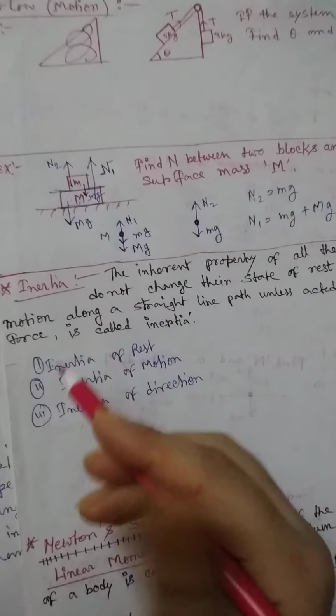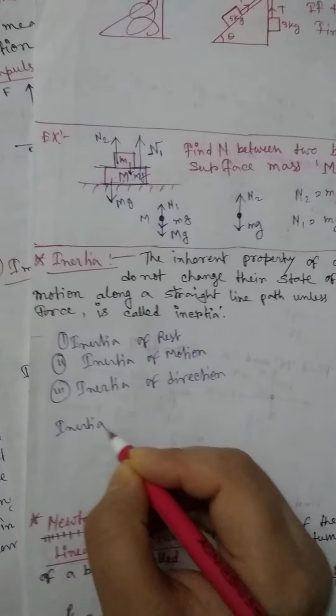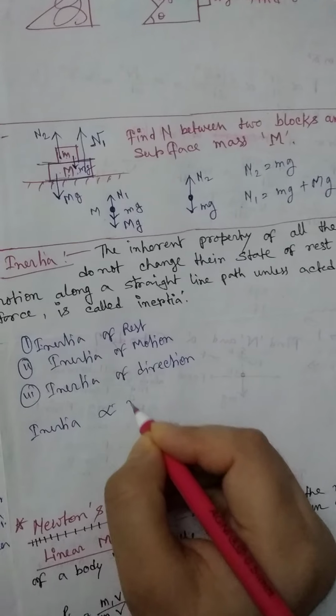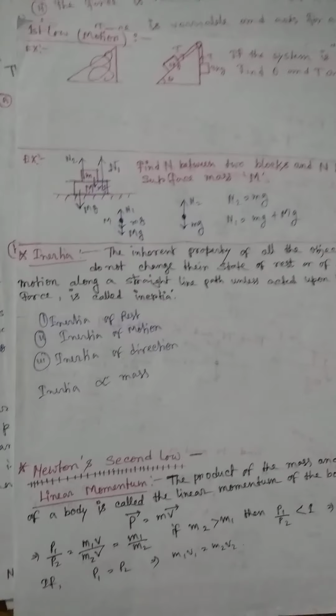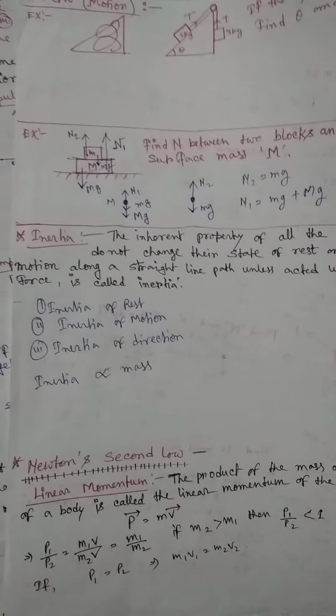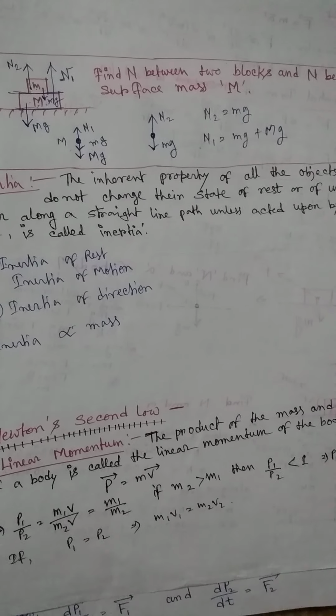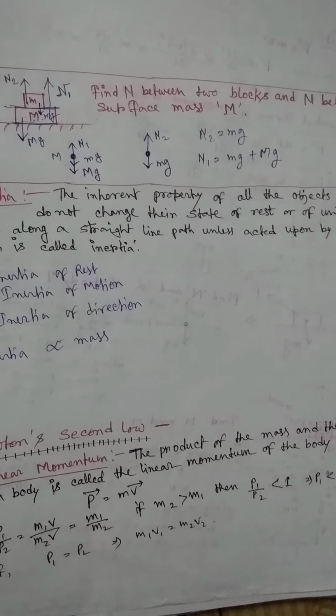Now second, you should remember these things. Inertia is directly proportional to the mass of that body. If the mass of that body increases, then the inertia of that body also increases. That means we need a larger force to change its initial state.